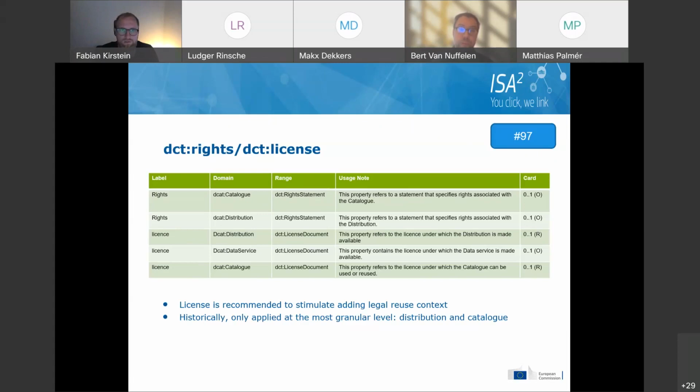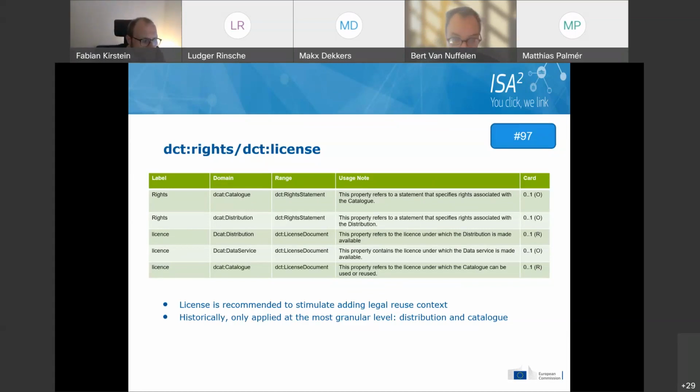The first one I want to discuss with you is about legal information. If we look at issue 97, you see that there is a discussion on rights and licenses and whether or not the license is always present and can be used.